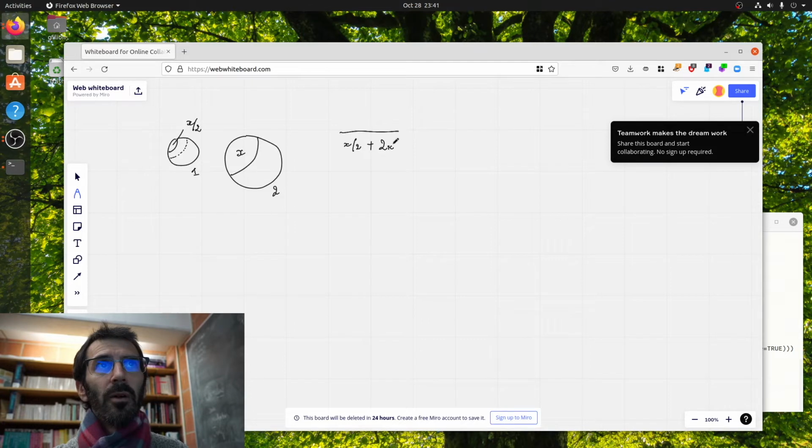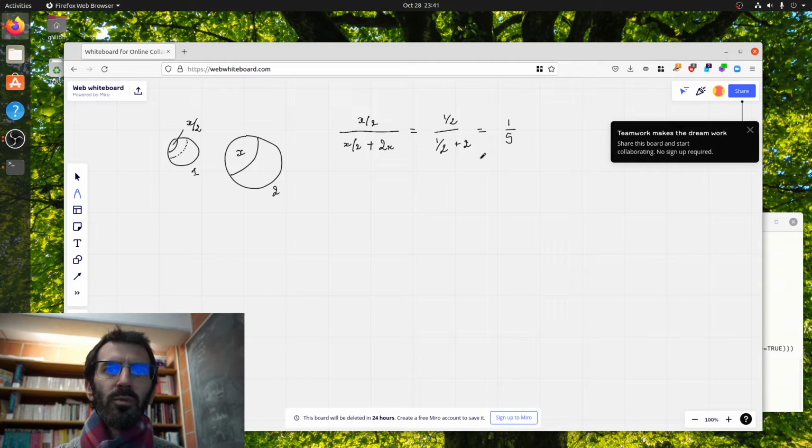And now, among them, what is the proportion of people who got the vaccine? This is X divided by 2. And so if we compute that, we simplify by X, we have 1/2 in the numerator. In the denominator, we have 1/2 plus 2. And now when we multiply everything by 2, we see that this is 1/5.